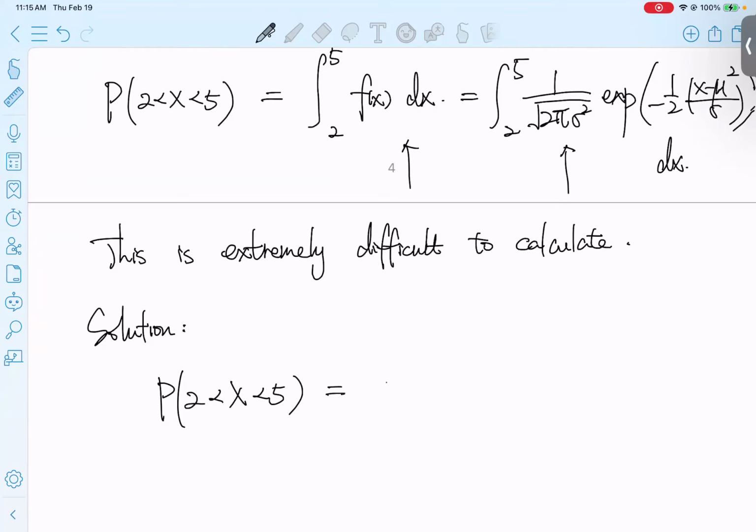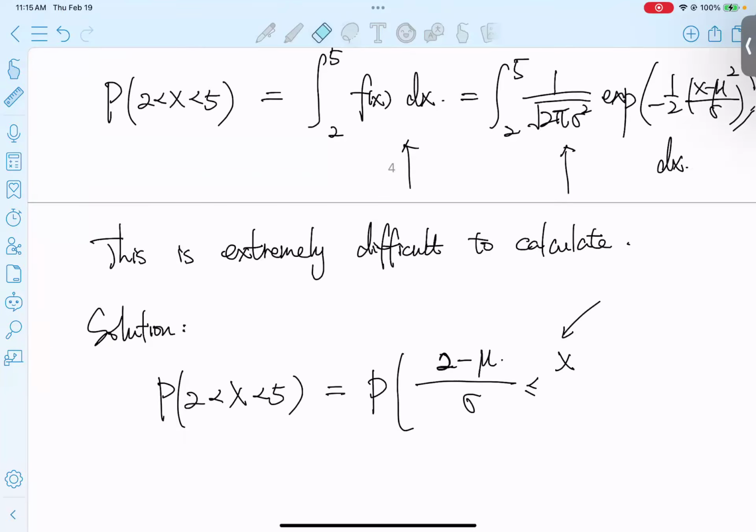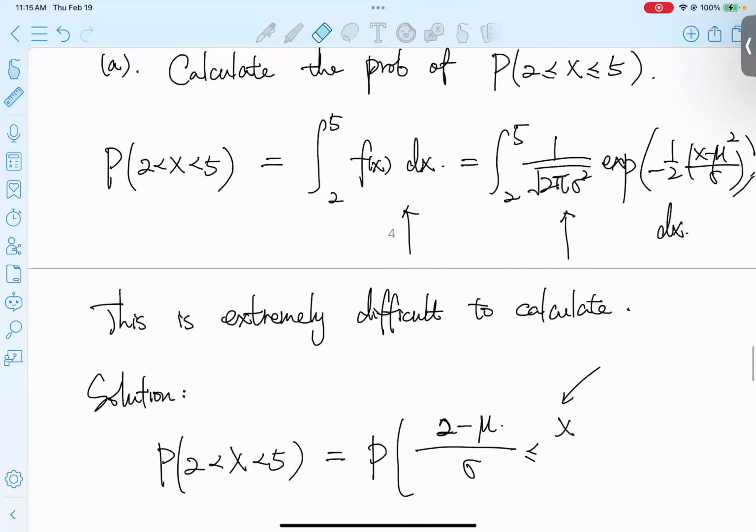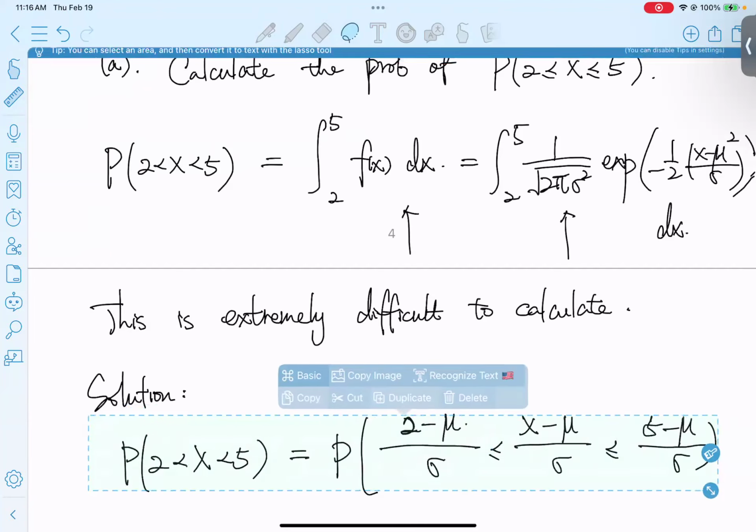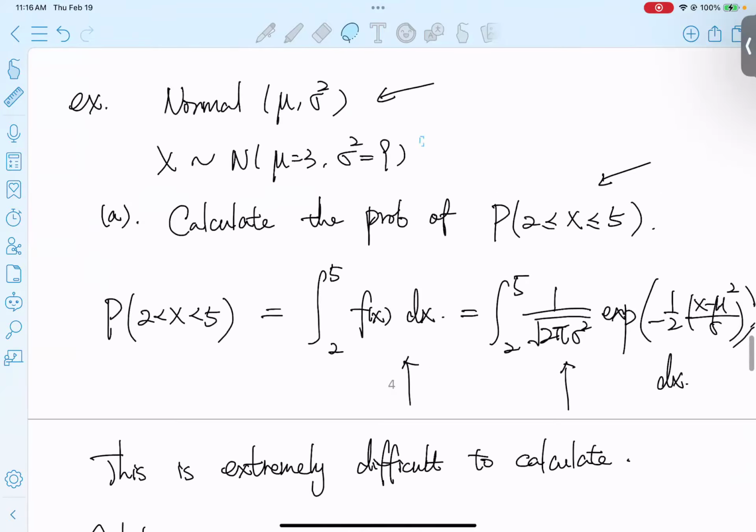What you can do is drag your lower bound by the value mu, standardizing it, along with your actual variable. Here we don't give a context, so we'll just use x minus mu over the standard deviation, less than 5 minus mu over the standard deviation. Here mu and sigma square are already given to you.